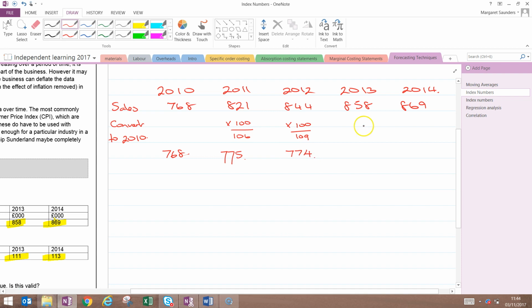For 2013, we multiply it by the index for 2010, divide it by the index for 2013. And for 2014, multiply by the index for 2010 and divide by the index for 2014.